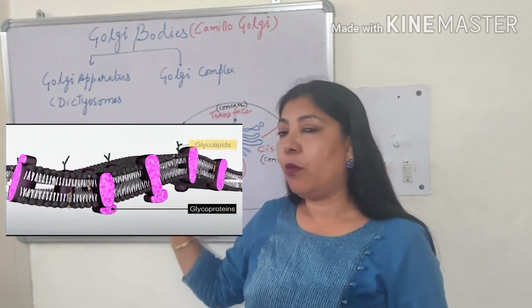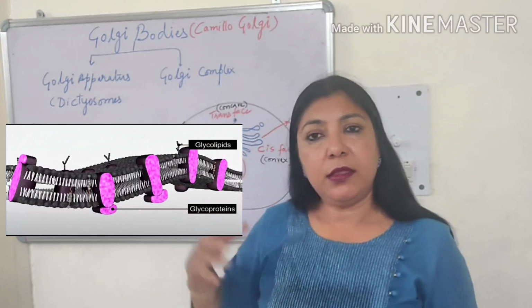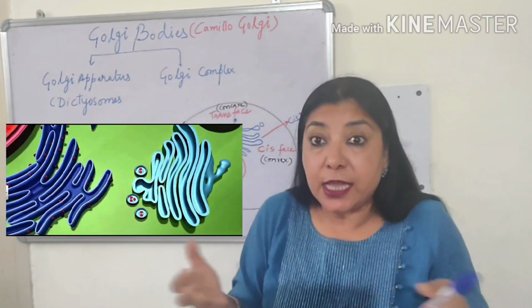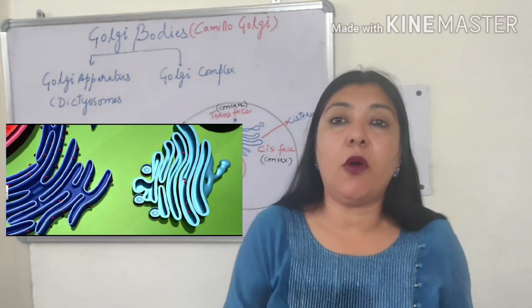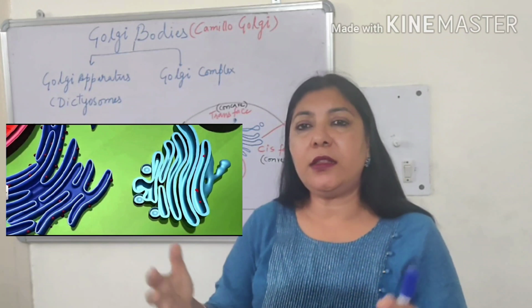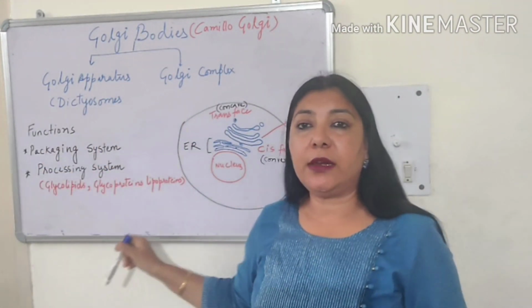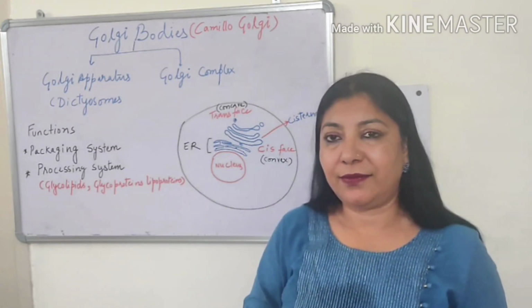Likewise, it can form more complex structures like glycoproteins, lipoproteins. These structures are basically responsible as receptors in the cell, or they may be the precursors for many hormones, and many other functions are there. So Golgi bodies and Golgi complex are a very important machinery of the cell.